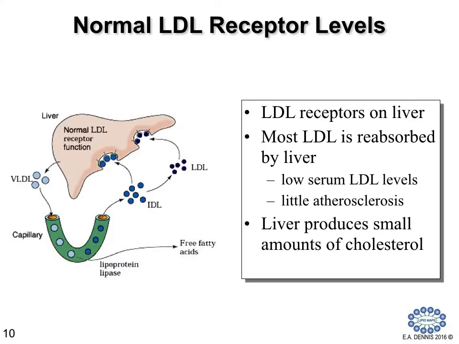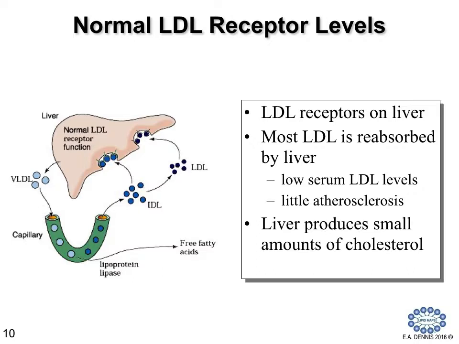Now we are in a position to look at three different physiological situations. On this slide is shown the normal situation for LDL receptor levels, in which the liver cells are producing VLDL.